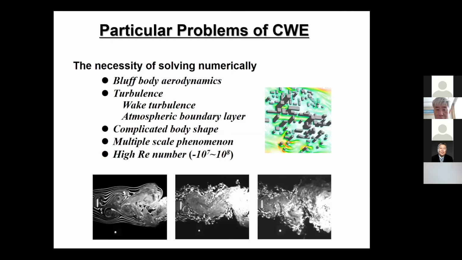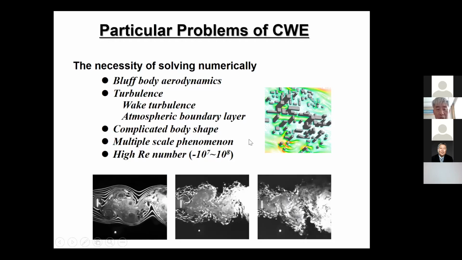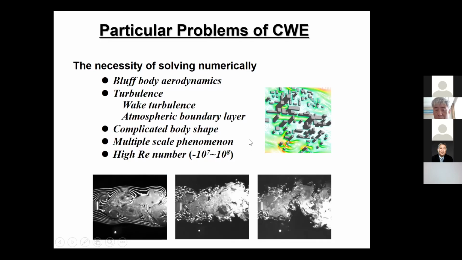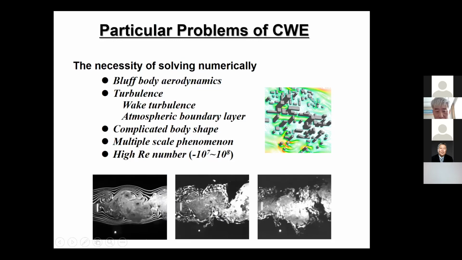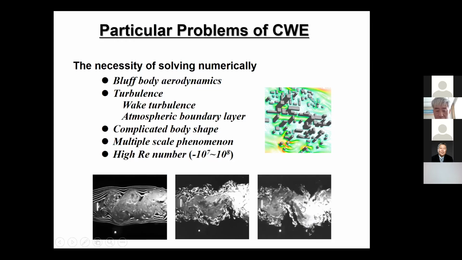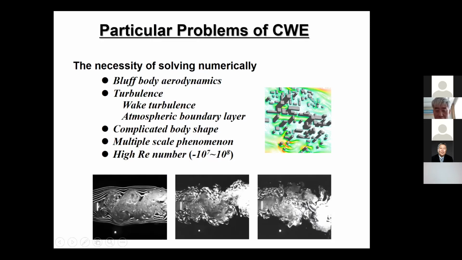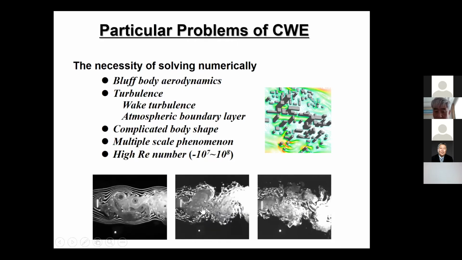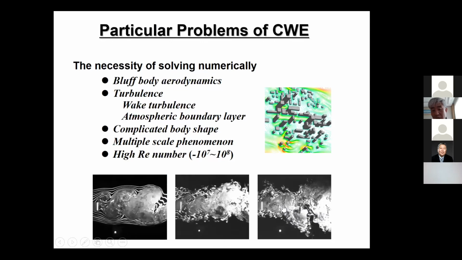But for wind engineering, we have to consider that we have very severe bluff body aerodynamics, as the wind tunnel test shows that it has different scales. These three videos show the vortex changing with the turbulence intensity of the incoming flow. This one has no turbulence intensity, and this is a higher turbulence intensity flow.